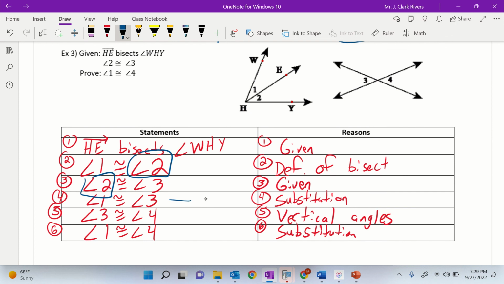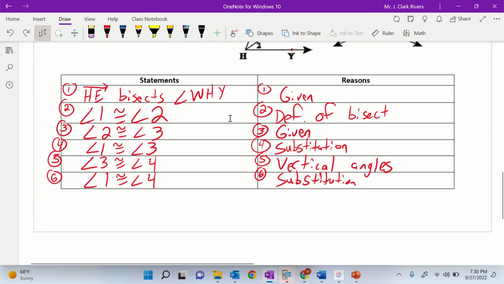So by substitution, 1 is congruent to 3, okay? And then we have 3 showing up here, 3 showing up here. So by substitution, 1 is congruent to 4. So it has to be this chain just like this. It doesn't have to be exactly in this order, but I don't want this to become a 5-step proof. So just be aware of that in the future.